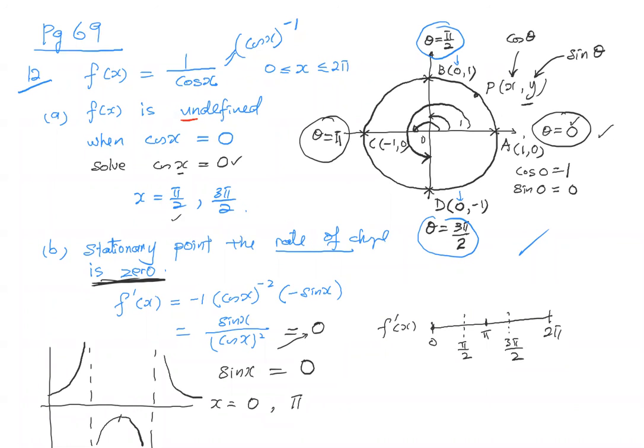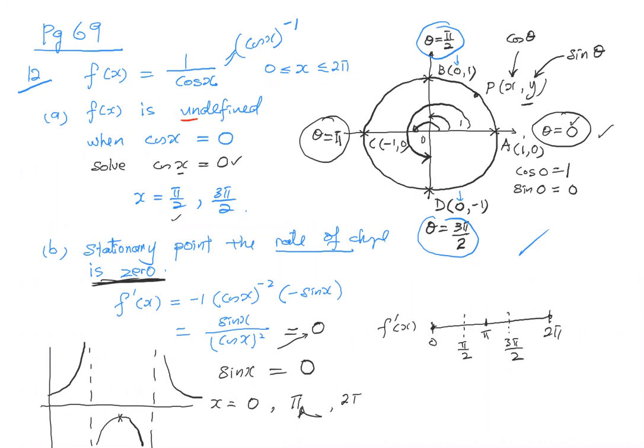Yeah. So this one is here, and the local maximum and local minimum. Another one is 2 pi here. There's 1, 2, 3, because 0 to 2 pi.